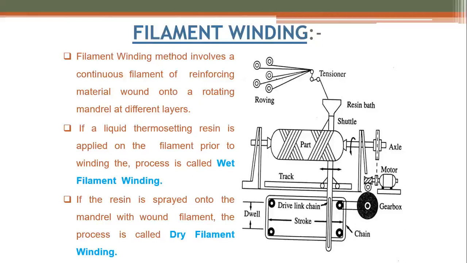If a liquid thermosetting resin is applied on the filament prior to the winding, the process is called wet filament winding. So there are two types of filament winding. The first one is wet filament winding, and the second one is dry filament winding.